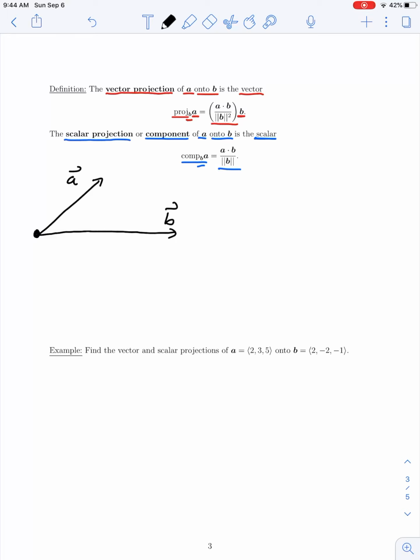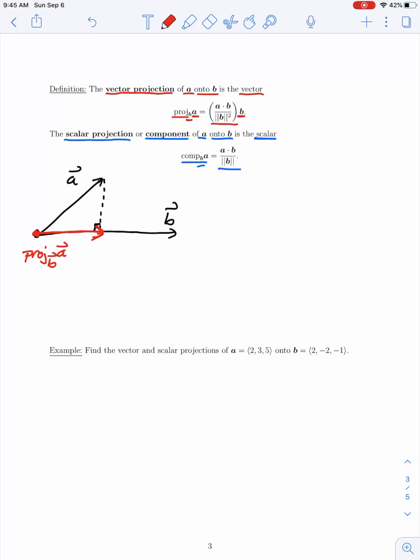When I'm thinking about a vector projection of A onto B, what I mean is if I were to take a line extending from the terminal point of A and dropping vertically onto the vector B such that this forms a right angle, the vector projection of A onto B is going to be the vector which has the same initial point as A and B, and whose terminal point is where that vertical line is intersecting my vector B. So this is what we would call the projection of the vector A onto the vector B.